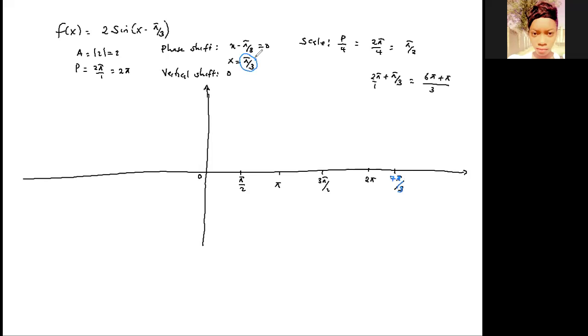So the 0 will go to pi over 3. To pi over 2, I must add pi over 3. So 6 is the common denominator. I have 3 pi plus 2 pi. So I'll get 5 pi over 6.